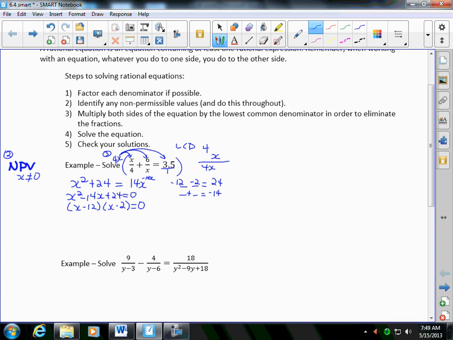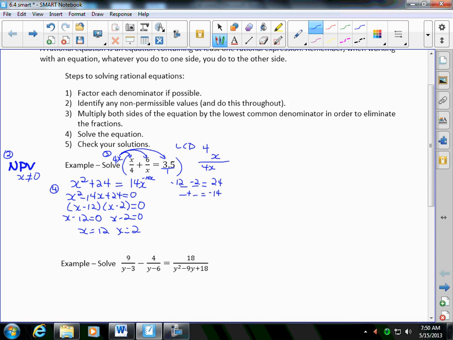This still is all part of step 4. So now I take both of my factors and put them equal to 0. So x minus 12 is equal to 0, x minus 2 is equal to 0. So x is equal to 12, and x is equal to 2.